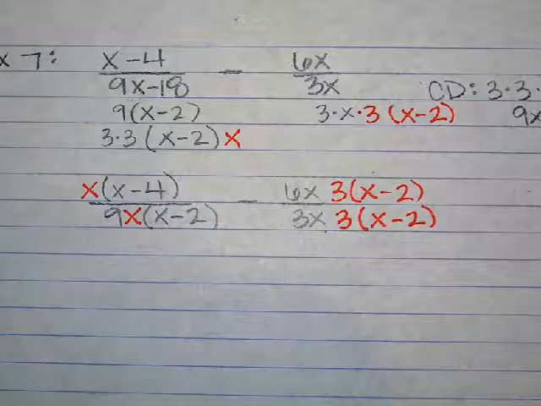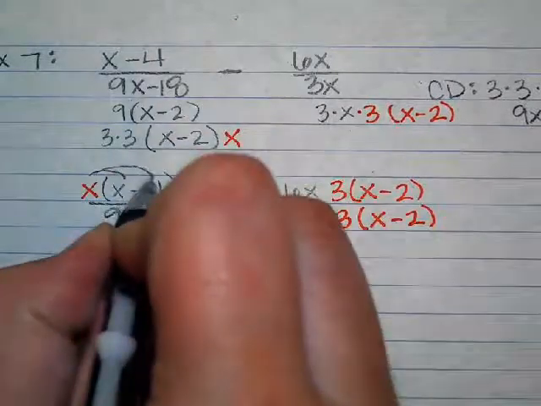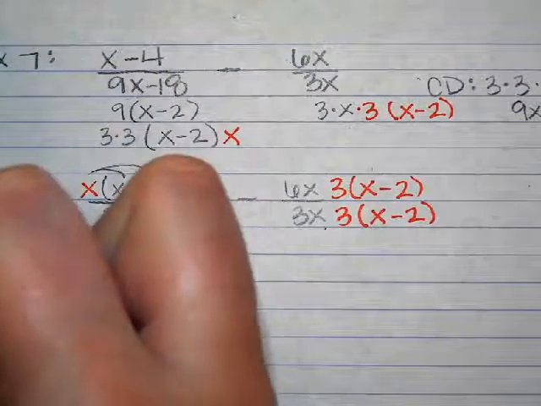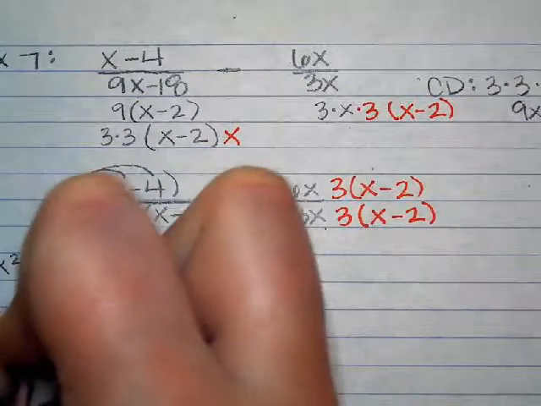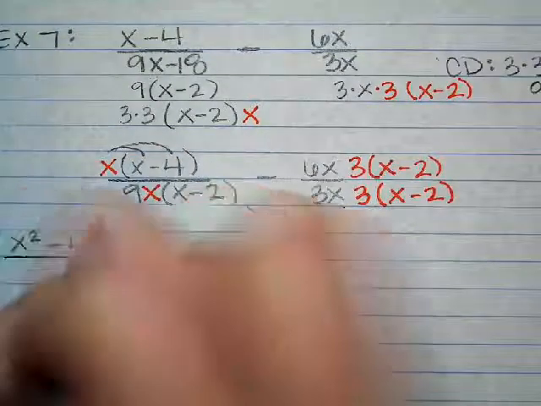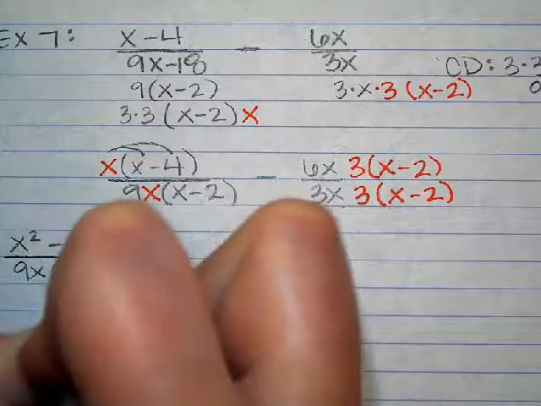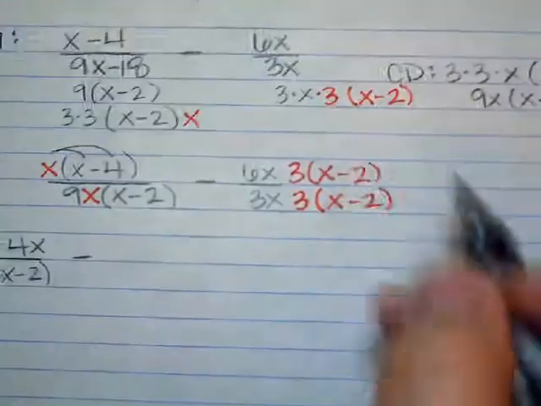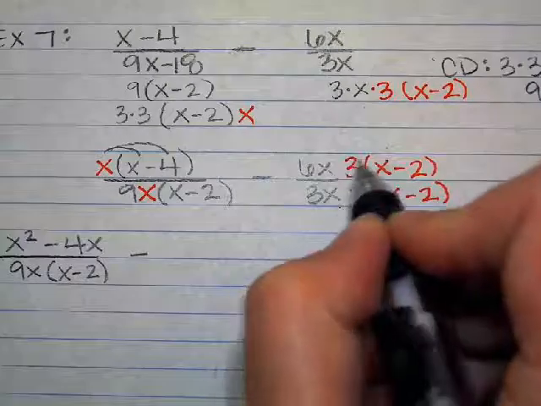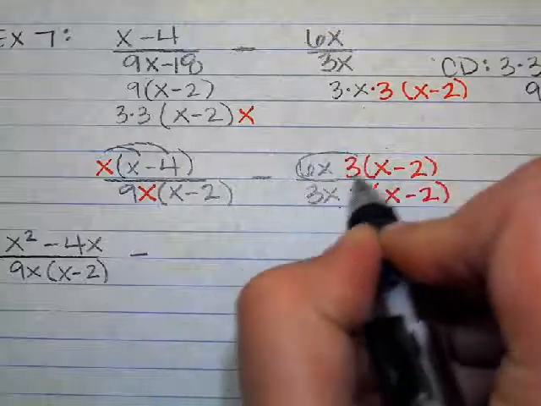So for the first term, what do I have? Okay, I've got x squared minus 4x. And then here I have 6x times 3. What is 6x times 3?